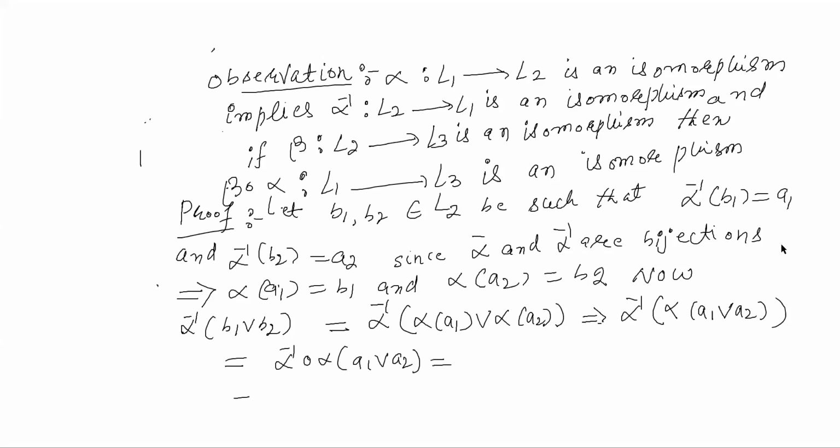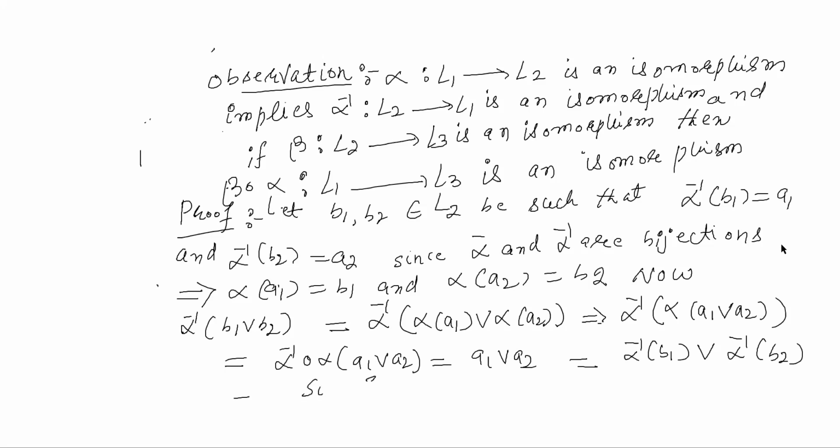Alpha inverse composition alpha is identity, so it is A1 join A2. Now A1 is alpha inverse B1, so this is equal to alpha inverse B1 join alpha inverse B2. So alpha inverse preserves the join operation.